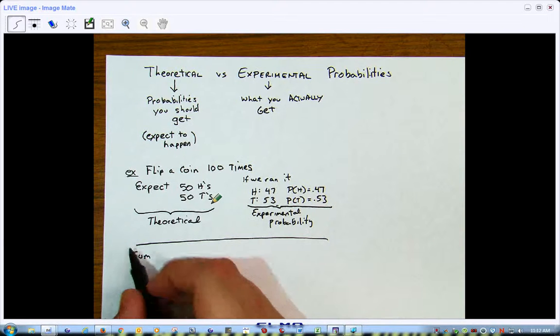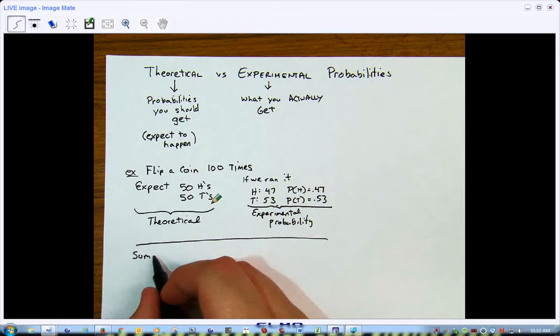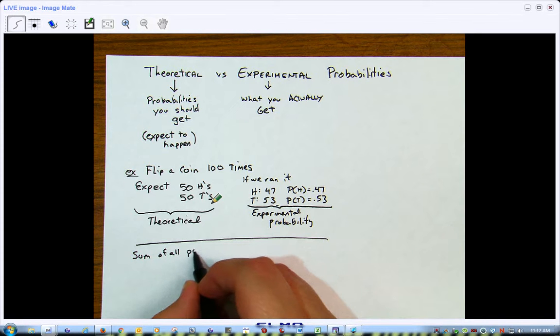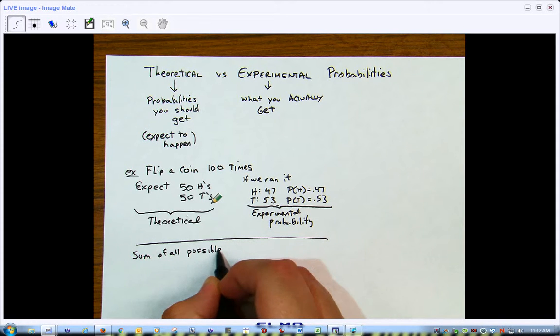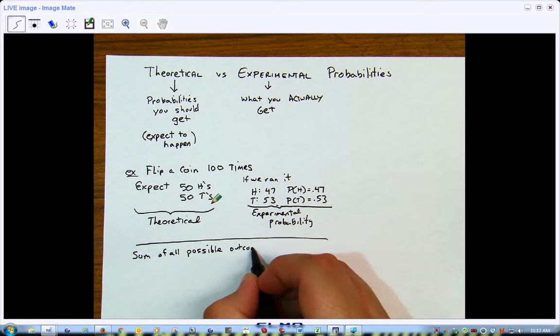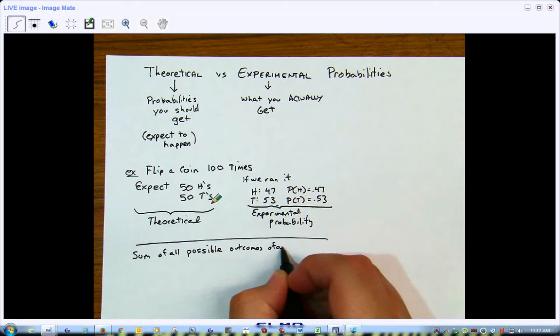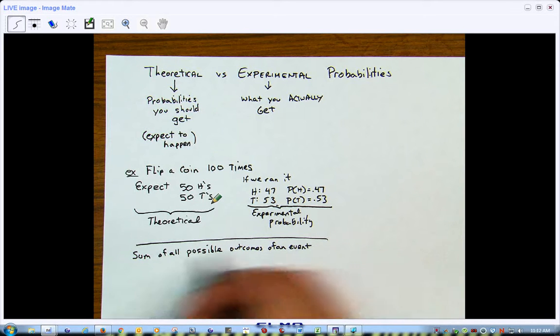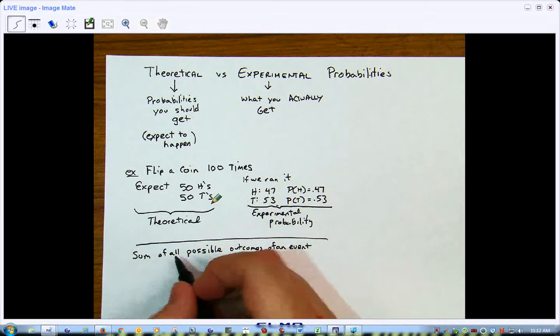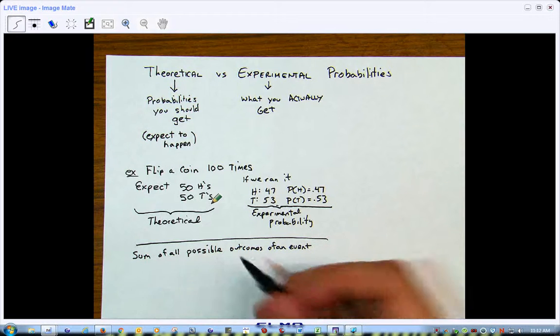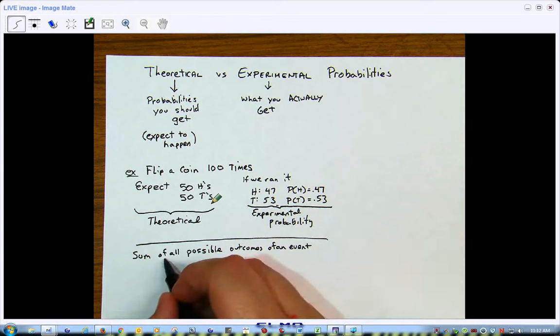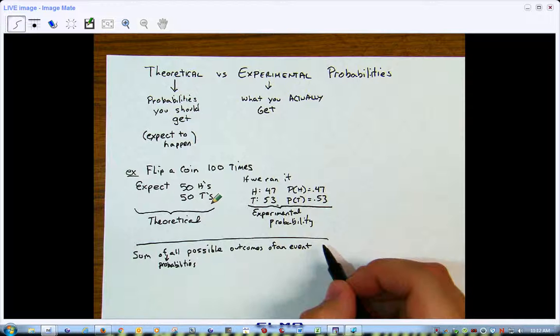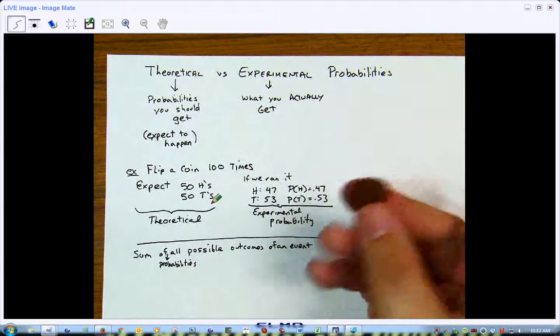Alright, now some different properties. The sum of all possible outcomes, and I forgot to put probability, the sum of all the probabilities of all the possible outcomes. Now, what are the probabilities?